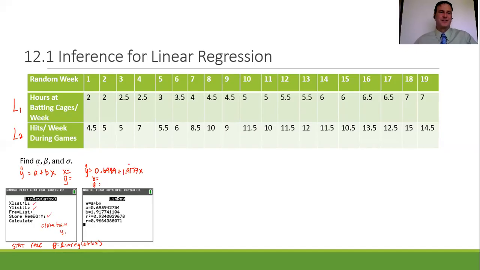The question says, what is alpha and what is beta? Since I can't find population data, I will use my sample data for estimates. So alpha is 0.6989 and my beta is 1.9177.